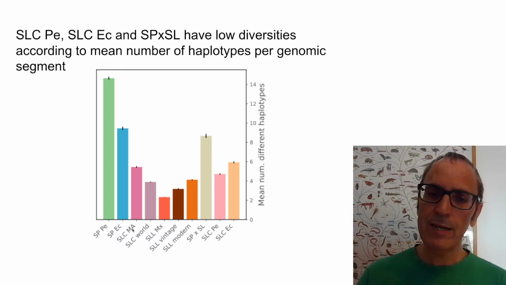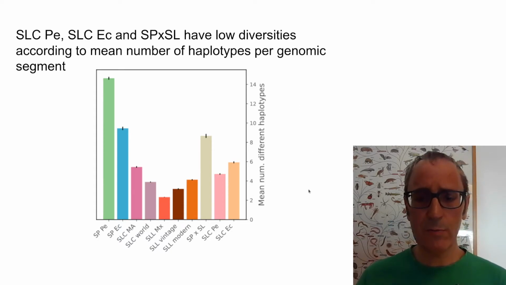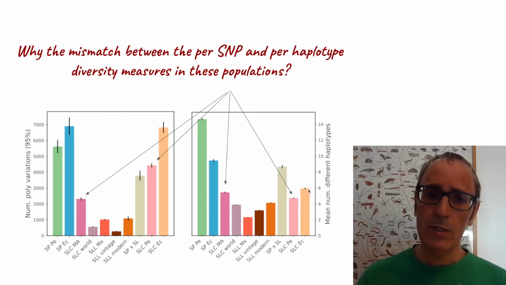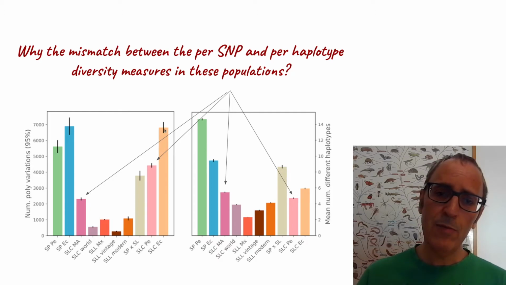So there's a stark contrast between this measure and the previous measure. You see, here, if we calculate the number of polymorphic markers, the number in Cerasiforme Ecuador is much higher than the number of polymorphic markers in Mesoamerica. But when we calculate the number of different haplotypes, it's very similar between these two populations.